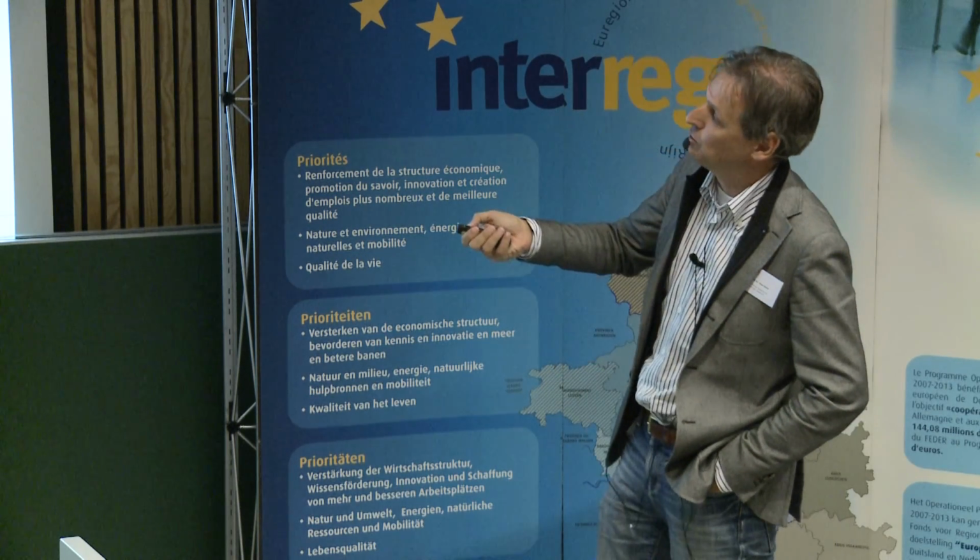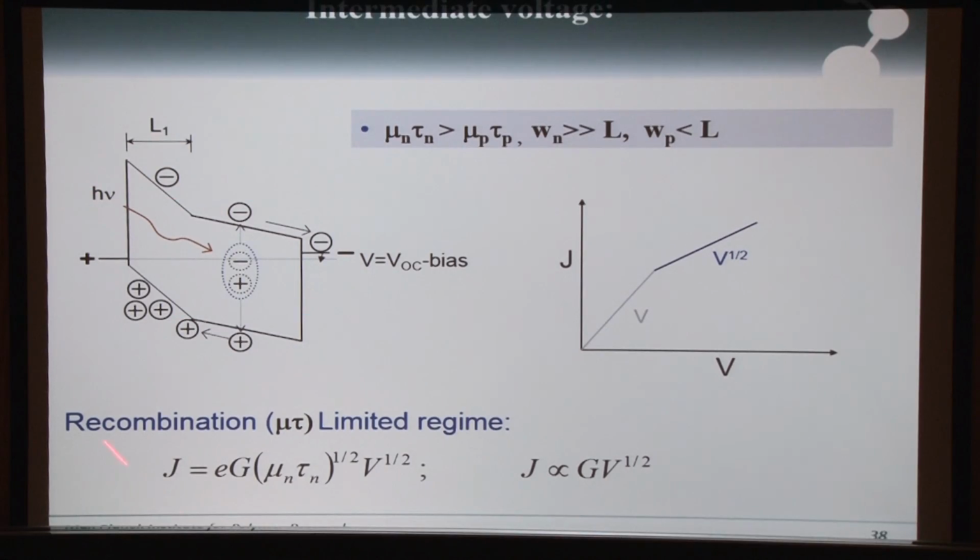And Goodman and Rose, they solved this, and what then comes out is that the current is now proportional to the voltage to the power half. And it's still proportional to G, which is, as I said, the light intensity, if you want, or the absorption. So what that means is, if you have such a semiconductor at low voltages, you will first get a linear relation.